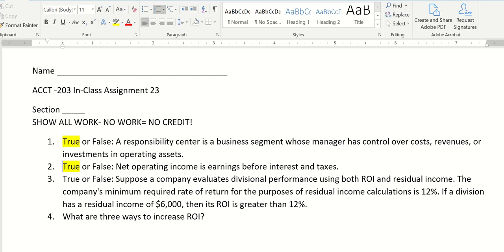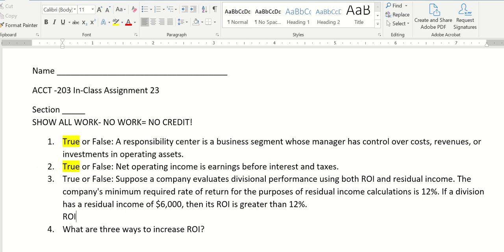If residual income is a positive number, then your ROI is greater than your minimum required rate of return. Maybe I can write that to make it a little more clear.